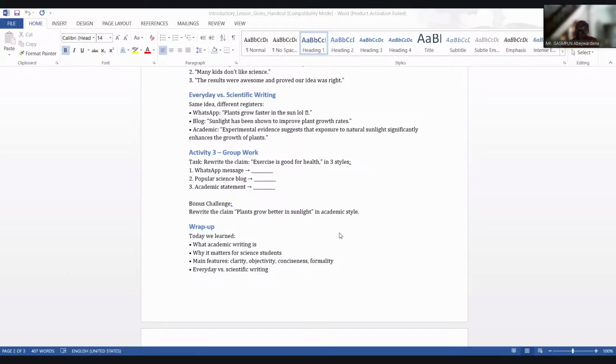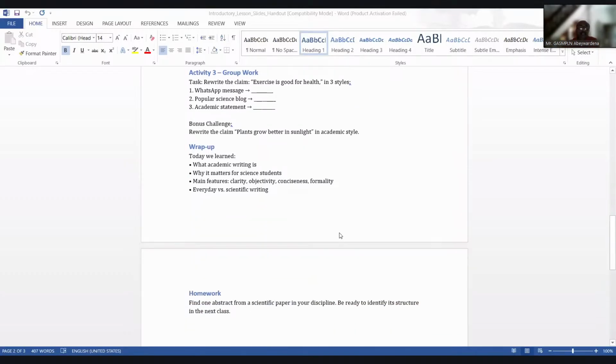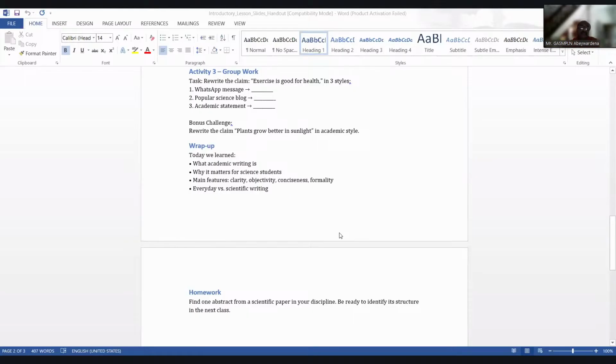Right. This is a summary of what we discussed today. We discussed what academic writing is. Under that, we talked about the style, vocabulary, etc., how to write it, and that it is more objective.